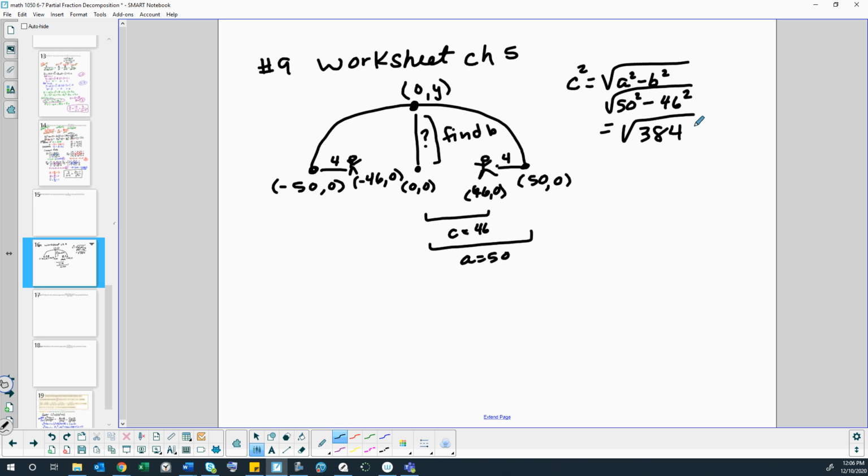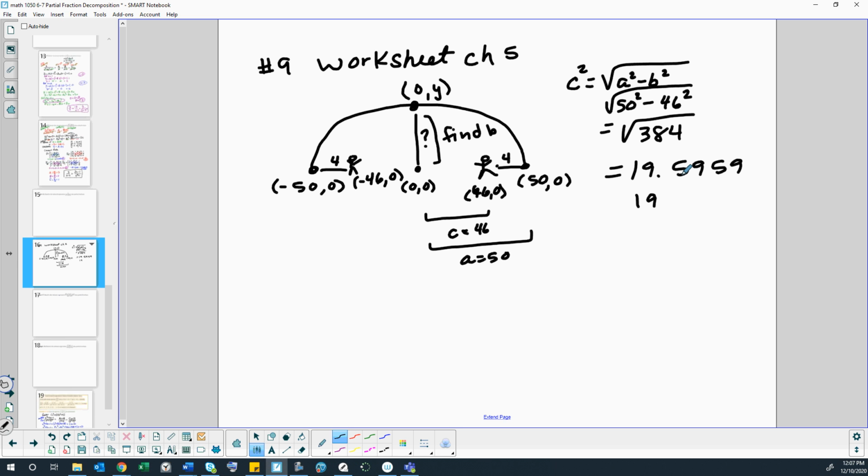And then if I do the square root of 384, I get 19.59. So it needs to be 19.6 feet basically.